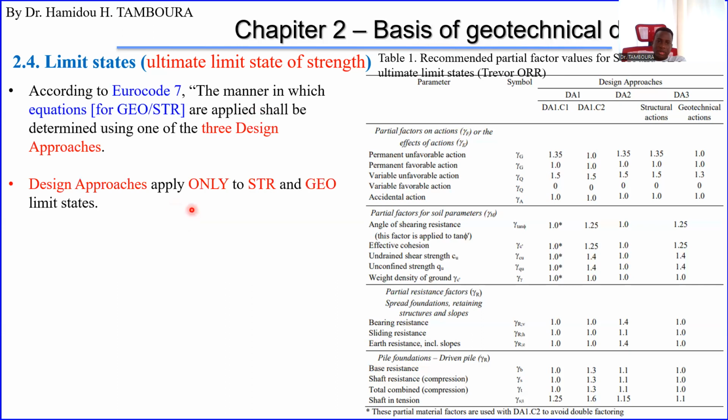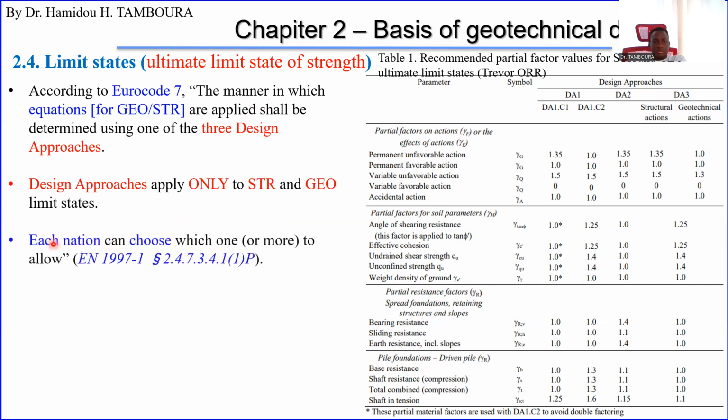Because we have seen that there are many ultimate limit states. We have uplift, we have equilibrium, and the stability. And we have service also, service limit state, serviceability. So each country, each nation can choose which one or more to allow.